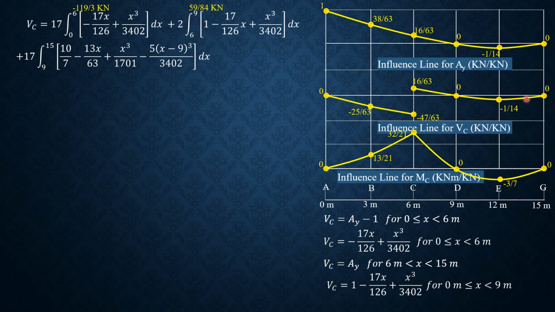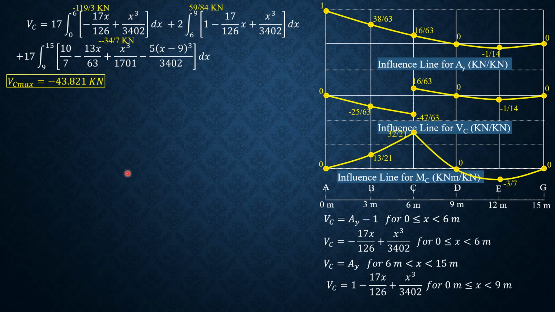Then the value of the third integral times 17 is negative because the area is negative here: negative 34 over 7. So combining negative 119 over 3 plus 59 over 84 minus 34 over 7, the value of V sub C max is negative 43.821 kilonewtons.